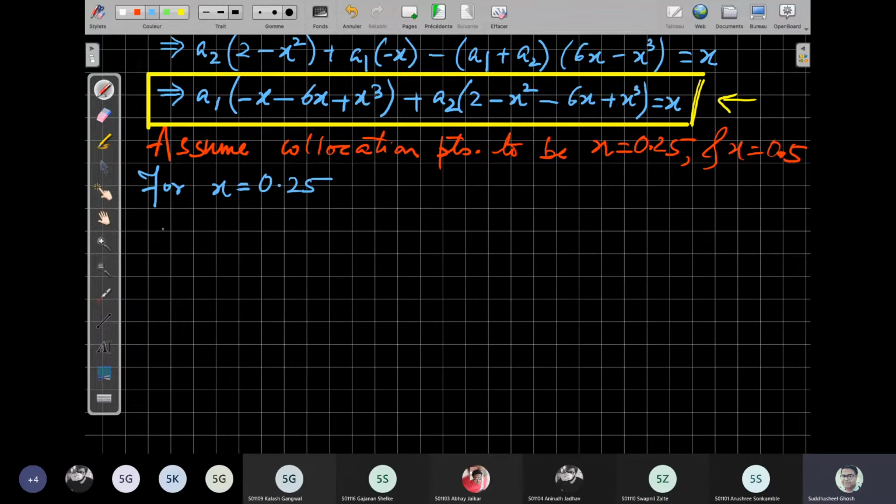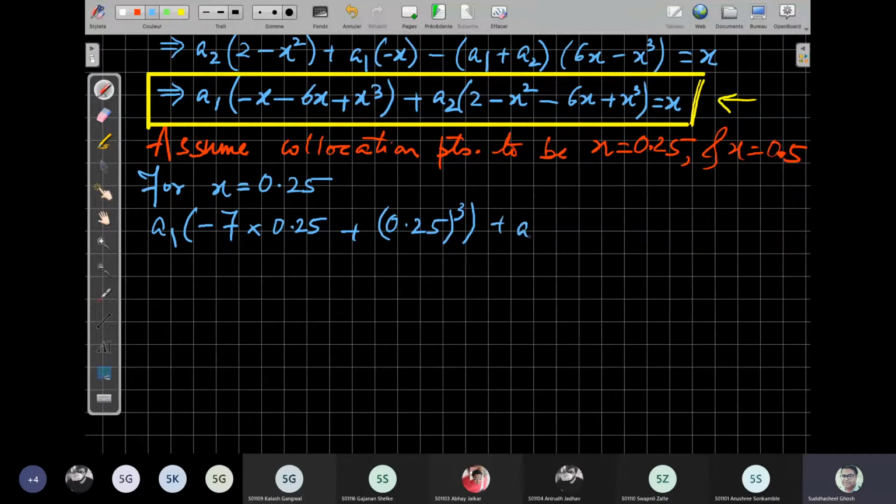Now tell me, A1 minus 1.73 into 0.25 plus 0.25 cube. Am I saying it right? I'm not saying it wrong, am I? Yes, sir.